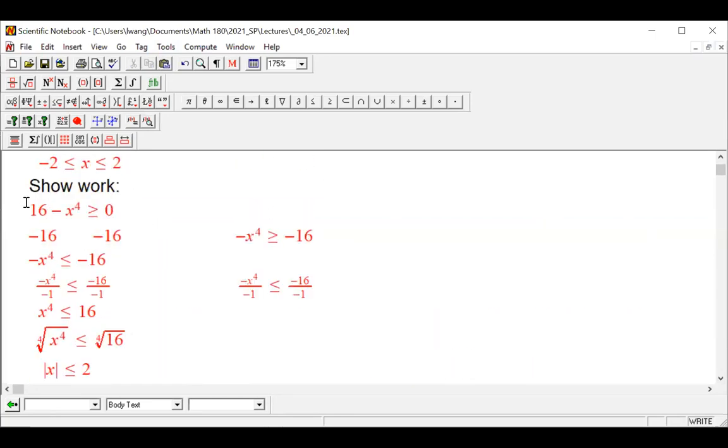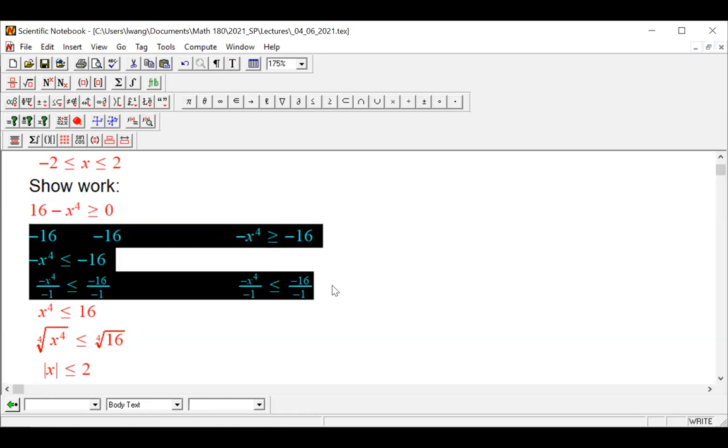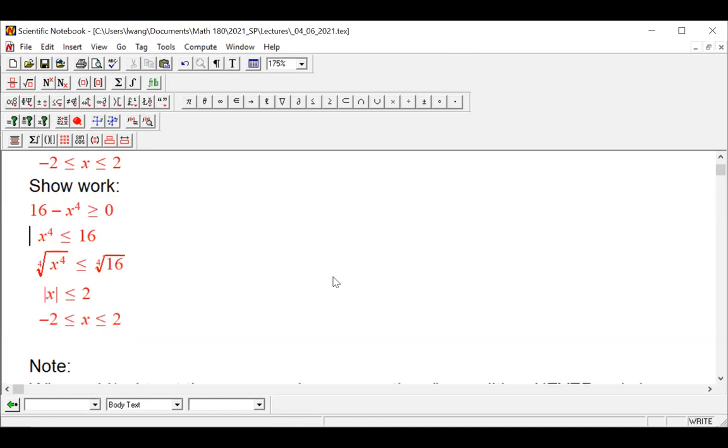Show work, I will set this up, and I will simply add x to the power 4 on both sides. So I get to this step, and that, and that, and that. I'm done.